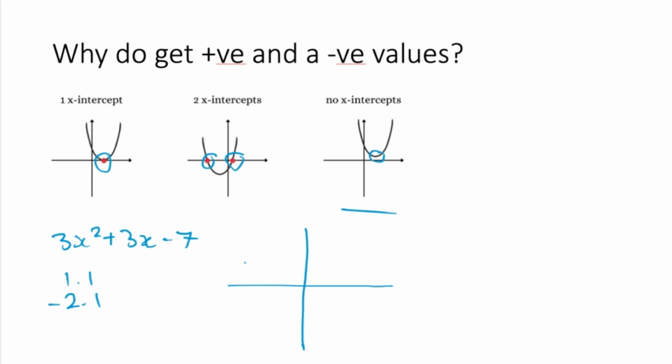It would look like this. The x-intercept on the positive side would be 1.1, and the x-intercept on the negative side would be minus 2.1. The negative 7 is the y-intercept, so this point here would be negative 7. Just understand that the number of x values you get is the number of x-intercepts.